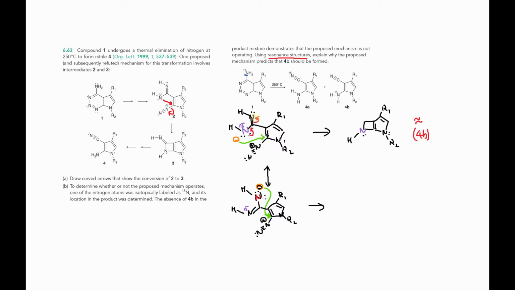This nitrogen on the top is not isotopically labeled, so I just draw the black nitrogen next to it and hydrogen. And on the bottom, it's coming down, and then this isotope is going to move up, as you see in the 4A structure.